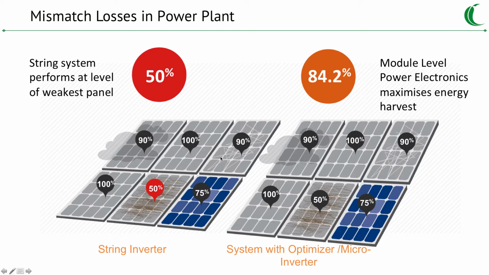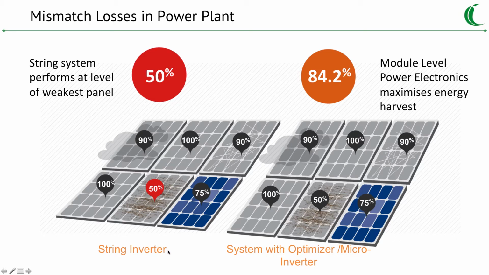Then the least performing module will actually decide the performance in case of a string inverter, because all these modules are connected in series, and series connection means current is constant.